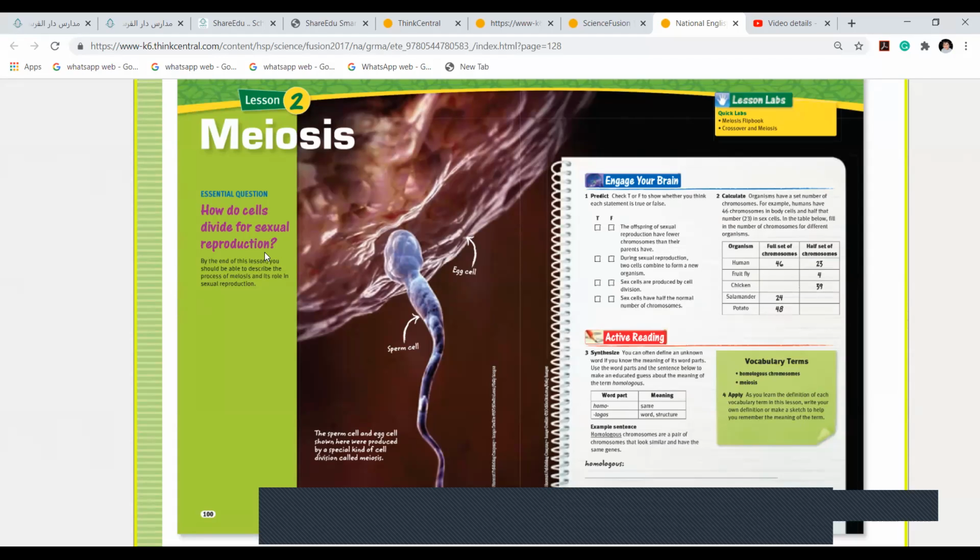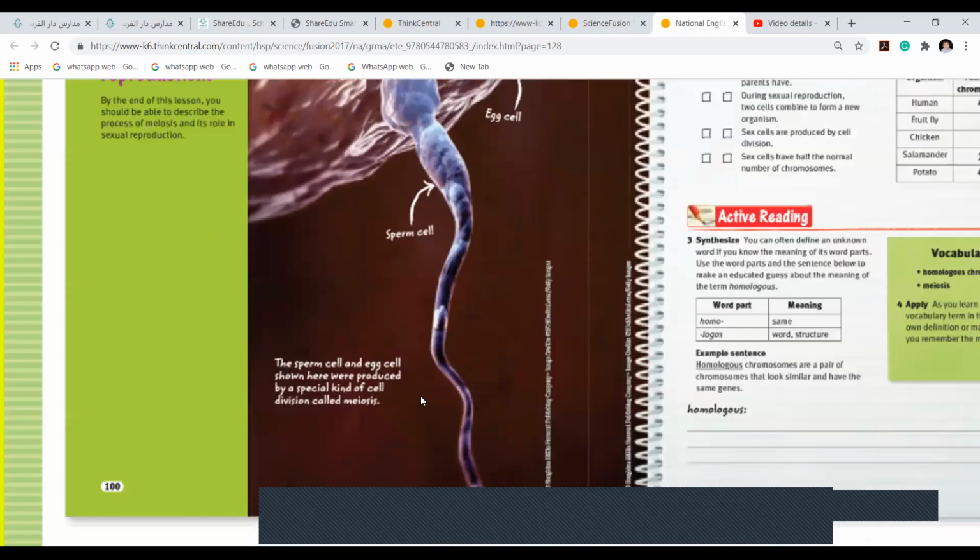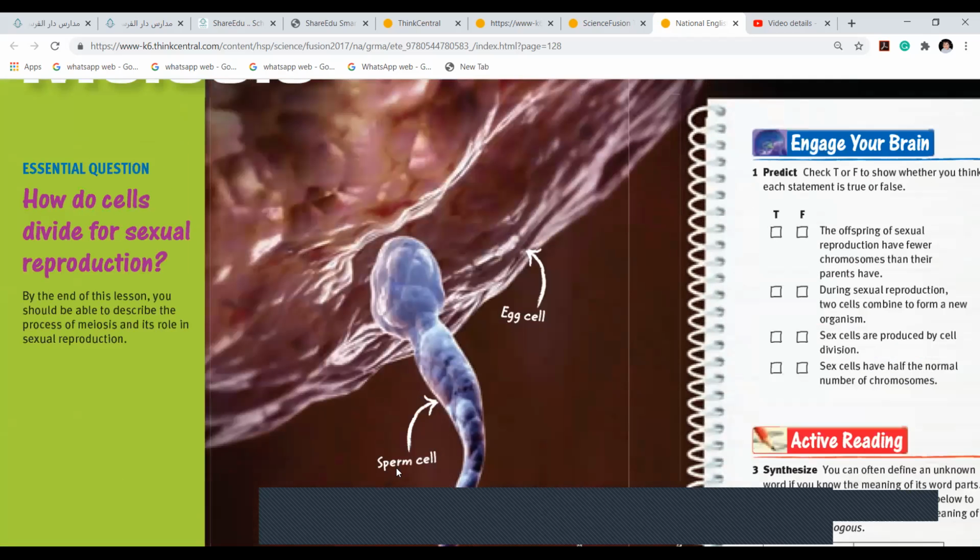The main thing I have to know here, for example, do you see a picture here? It's written sperm cell and it is egg cell. The sperm cell is always from a male organ or male, and egg cell is always from female.